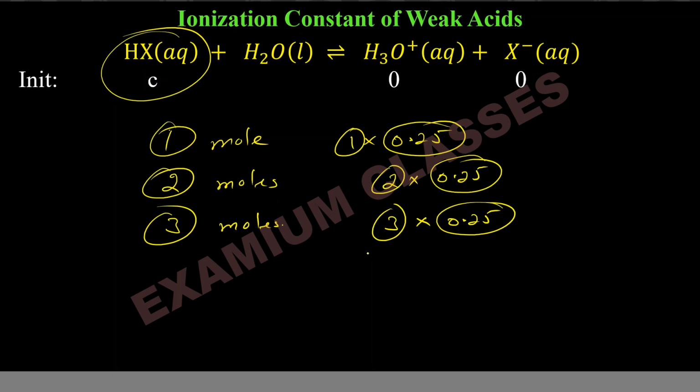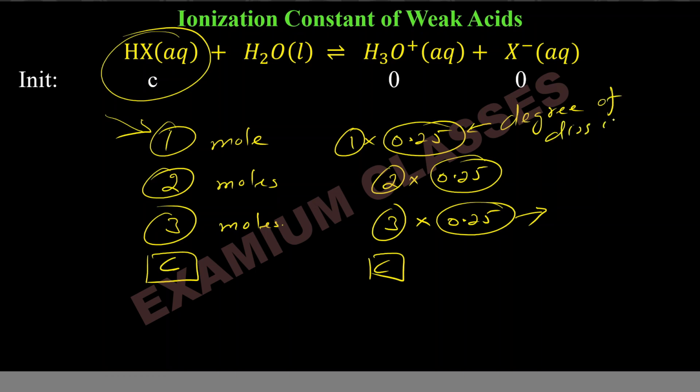So here what we are writing here, this is C, this is C, 1, 2, 3. Okay. See, this is degree of dissociation, means how much part got dissociated. If we are talking about unit moles, unit concentration, then how much part will get dissociated. This is known as degree of dissociation and it is written as alpha.